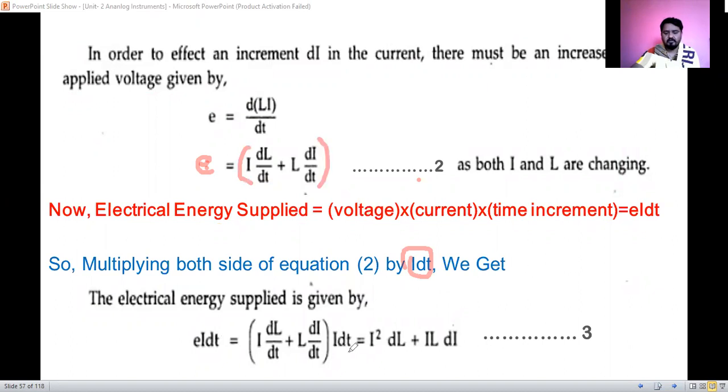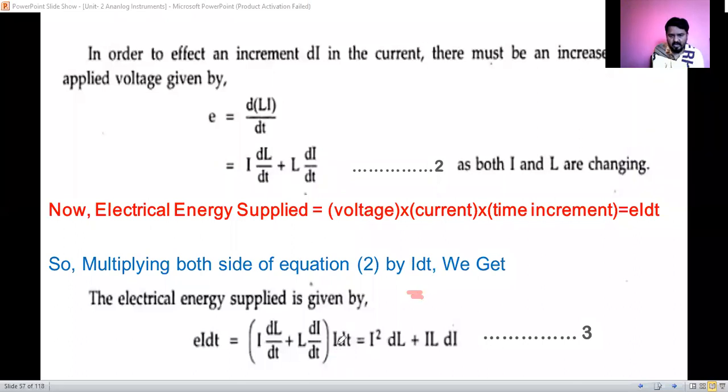I have multiplied here, so EI dt equals I dL by dt plus L dI by dt into I dt. Now you expand the terms here, splitting this equation into its terms. The LHS you keep as it is, EI dt.